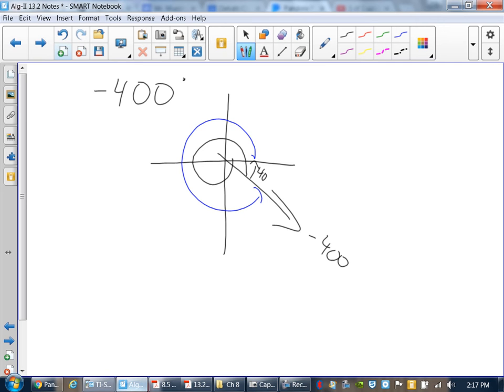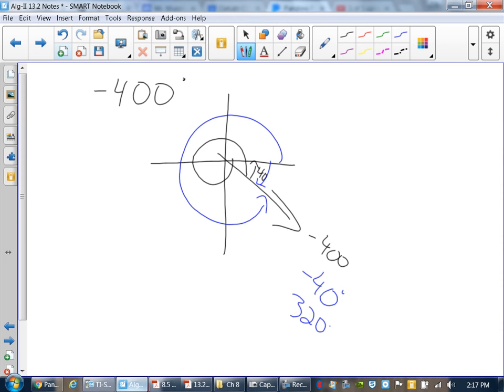Oh, I'm sorry, I went the wrong direction. Sorry, I did the positive one. If I'm going negative, how far did I go? 40. So negative 40 degrees would be its negative coterminal. The positive is going this way, and it would be at 320 degrees.